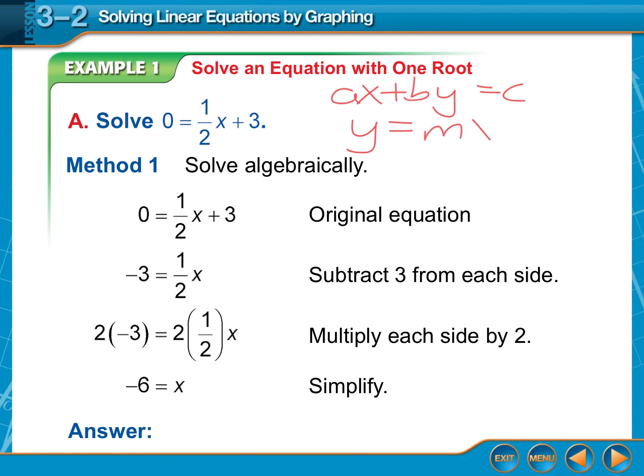We've talked about both of those. So this equation right here is very similar to this. They just plugged a 0 in for y. Why did they plug a 0 in for y? So you can find the x-intercept, where it intersects on the x-axis, to help us graph.